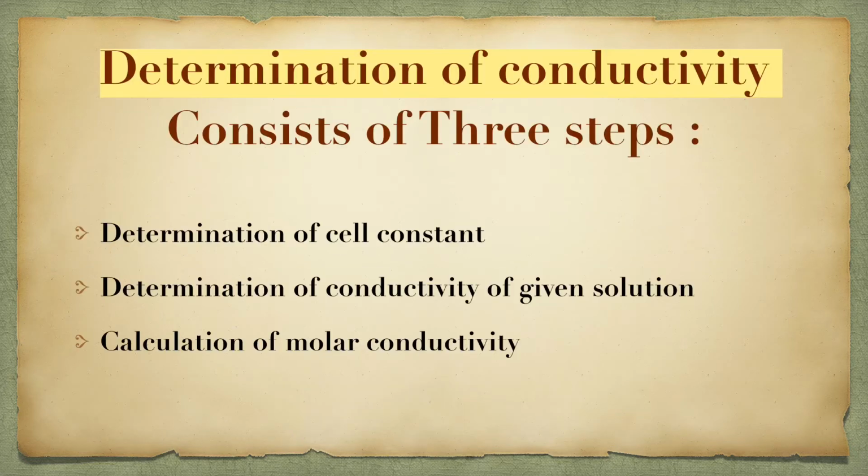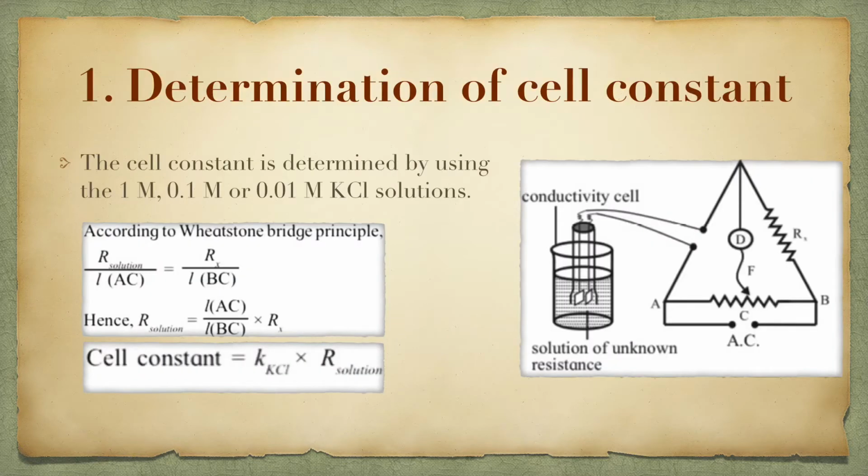The determination of conductivity consists of three steps. First, determination of cell constant; second, determination of conductivity of the given solution; and third, calculation of molar conductivity. We'll see each one in detail now. The first step, determination of cell constant.